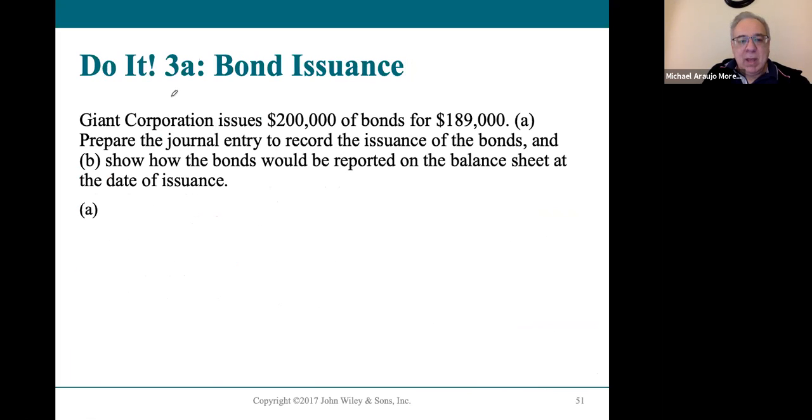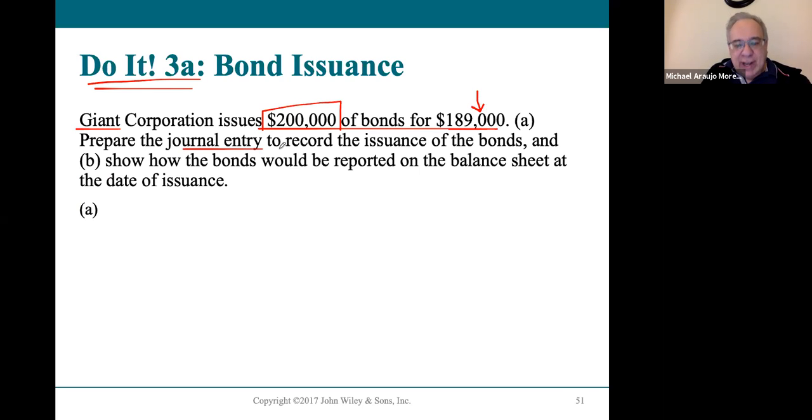Okay. So how bonds are issued here, we have a quick review. Giant Corporation, they have $200,000 of bonds that they sold for $189,000. So they wanted to raise $200,000. They were only able to raise $189,000. Okay, so they had to sell it at a discount.